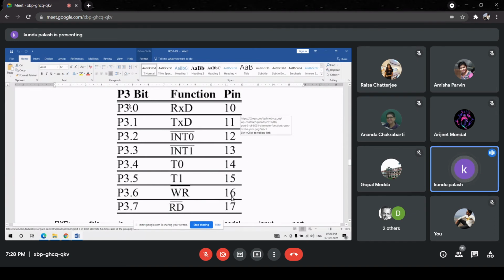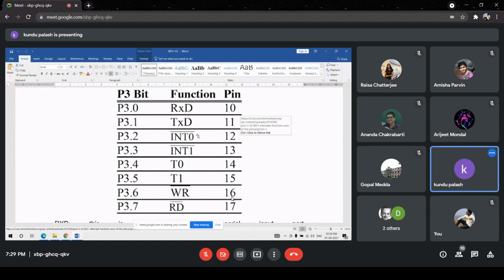Port 3 can be used as a simple I/O port, but alternatively, port 3.0 can be used for serial data communication, that is received data, RXD. Whenever we learn serial data interfacing, this is the pin. 3.1 is used alternatively as transmit serial data, TXD, the functional name.